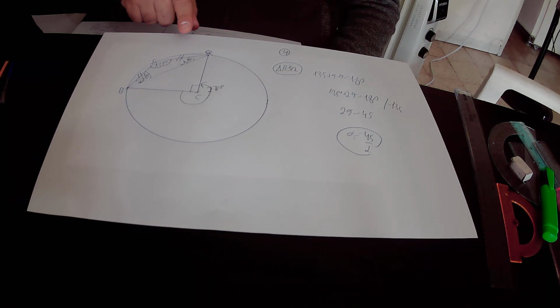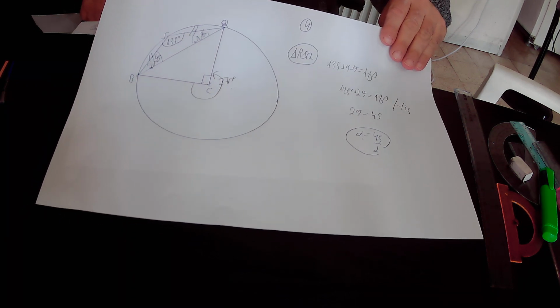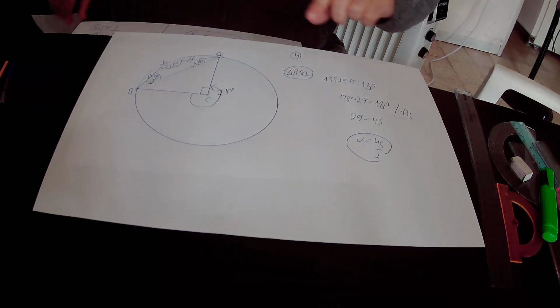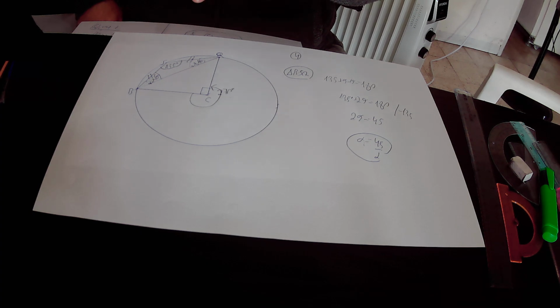Here we know that QS equals SB. QS is the radius of the previous circle, and it equals SB, that is also the radius of the previous circle.